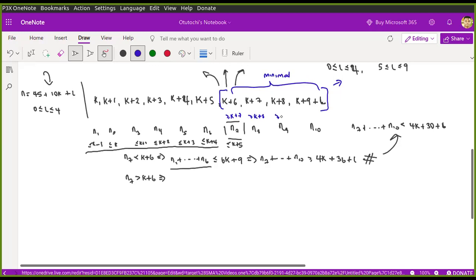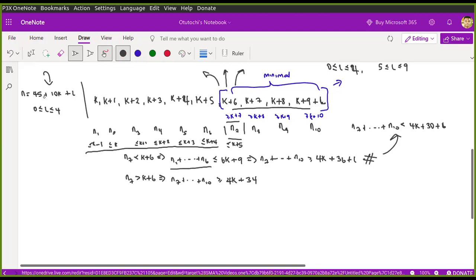This is also going to imply that n9 is greater than or equal to k plus 9, and this is going to imply that n10 is greater than or equal to k plus 10. Right, so this is just going to mean that the sum there, n7 up to n10, is greater than or equal to the sum of these our friends here, and that's 4k plus 34.